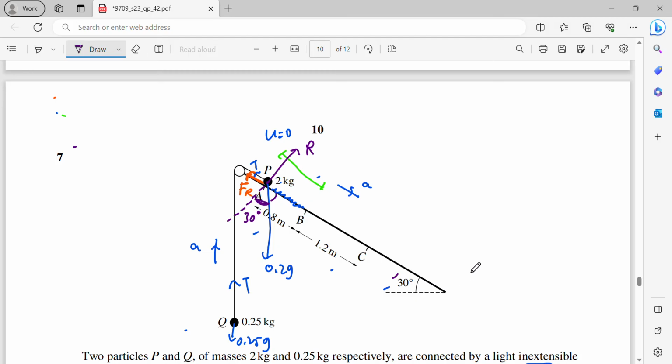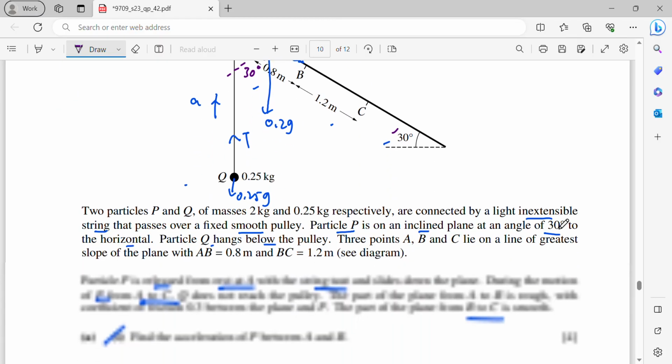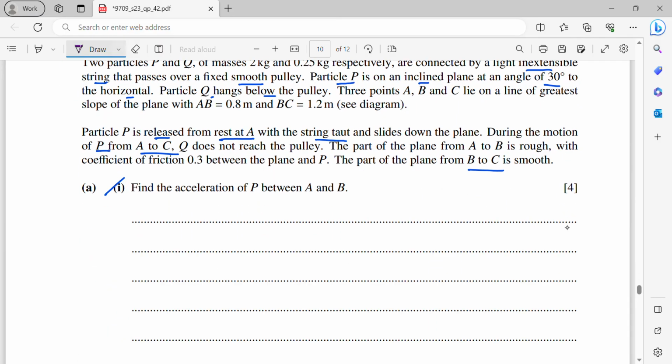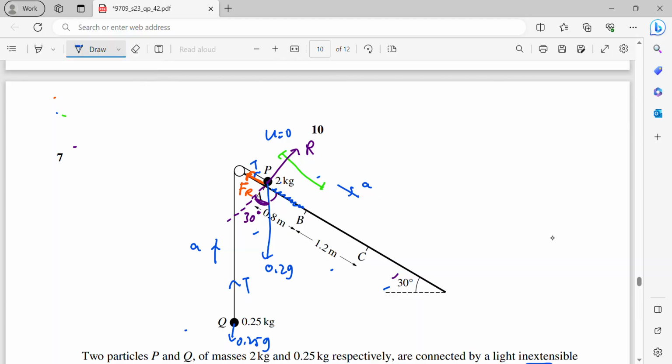Okay, so from here, I will get my R first. What is my R? Because I need to get the Fr later on. So from the particle P, the R is going to be, resolving, 0.2 g cos 30 degrees.